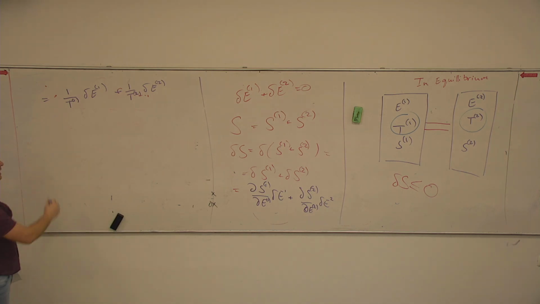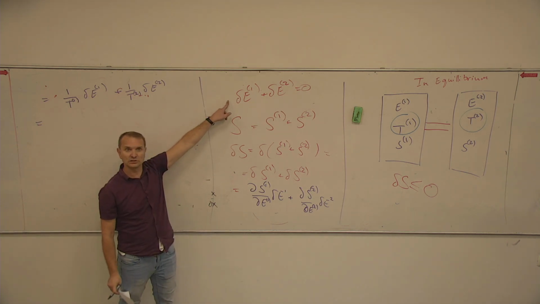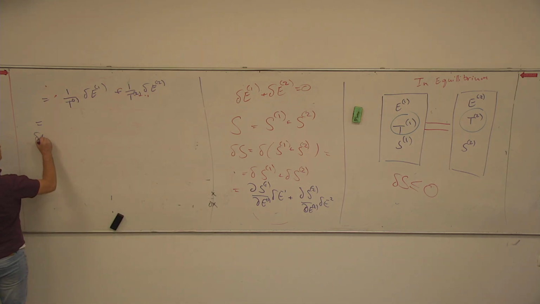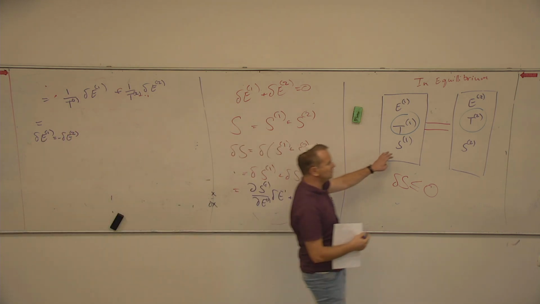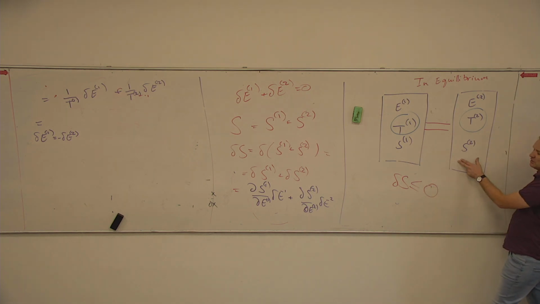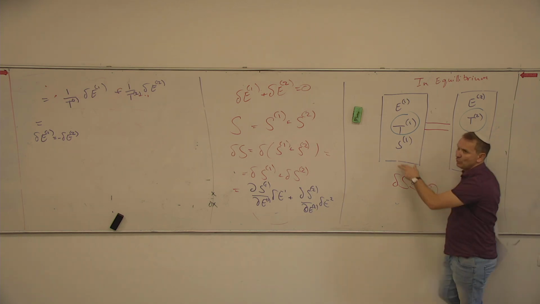And the next step is to say, well, we kept the total energy constant. So delta E1 equals minus delta E2. You can modify the energy of this system a little bit: you can lower it, and then the energy of the other system will go up, or you can lower the energy of the right-hand side, and then the energy on the left-hand side has to go up.